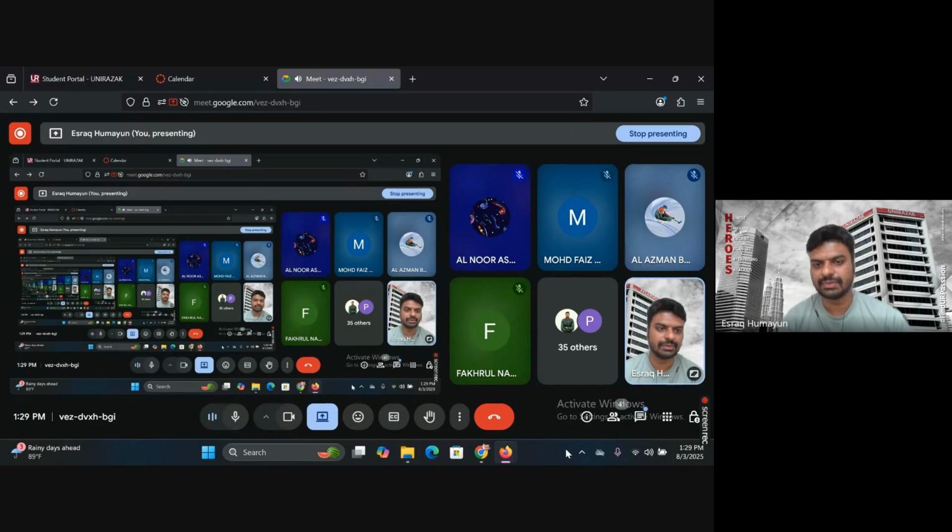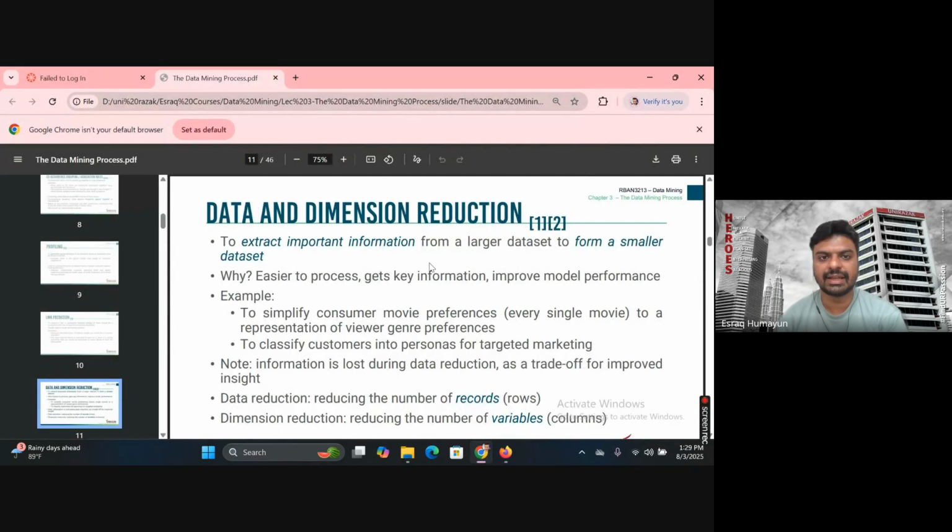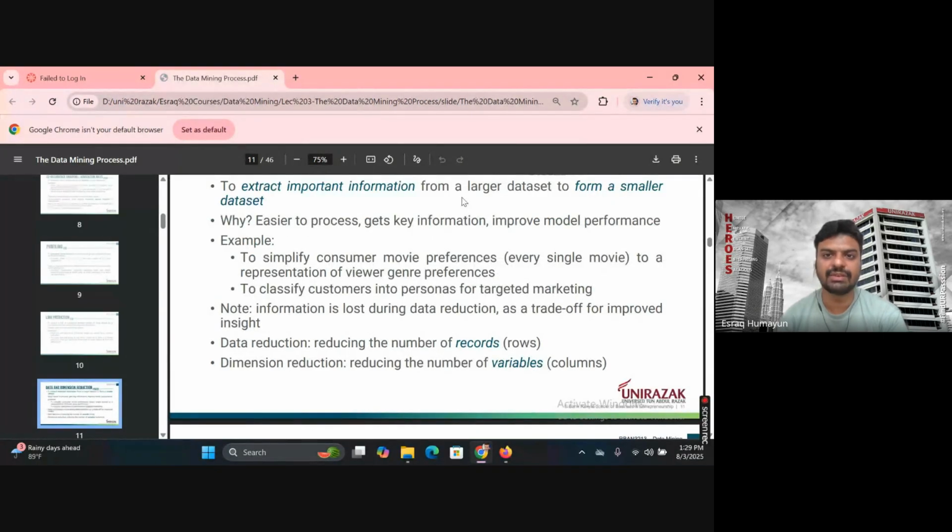Those who like Shah Rukh Khan films, their genre is romantic. Salman Khan is action, and Amir Khan is social. So from that we can categorize the genre. That is specifically data and dimension reduction: extracting important information from a larger data set to form a smaller data set. Clear now?